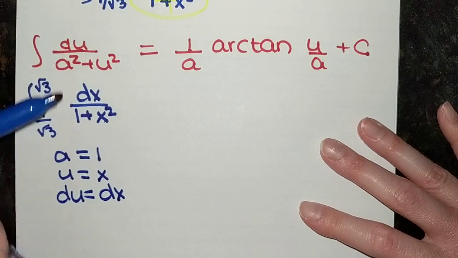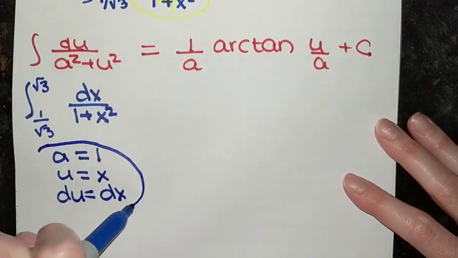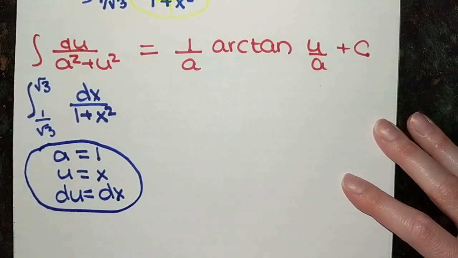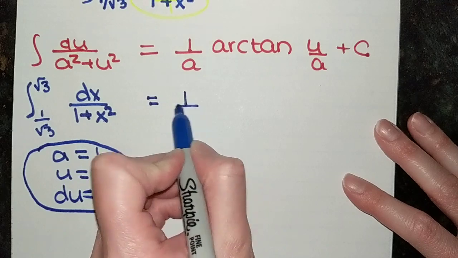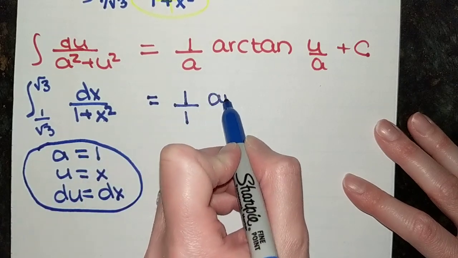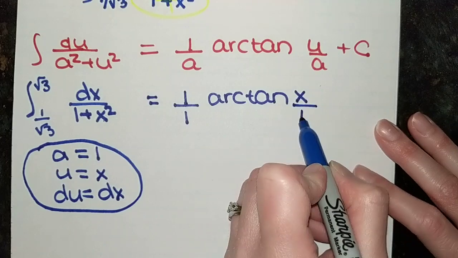So you have exactly a one-to-one relationship there, and you can just plug in these values of a and u into the formula. So you will have that this is equal to 1 over 1 arctan, our u is x, over a, which is 1.